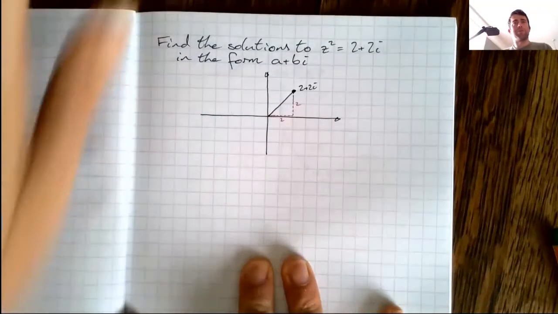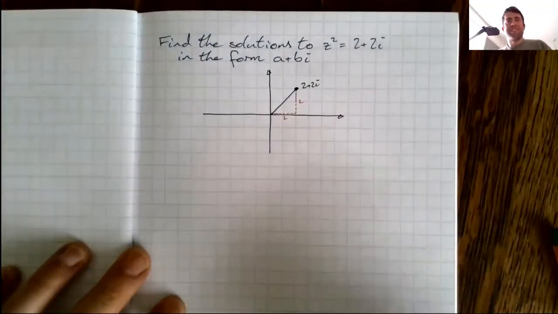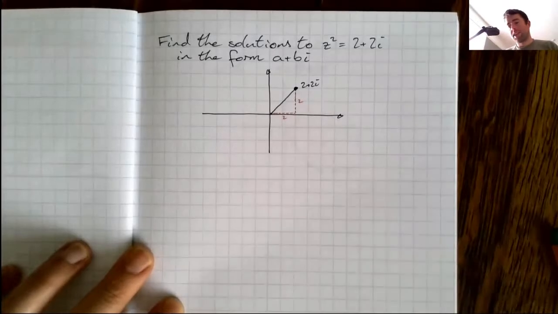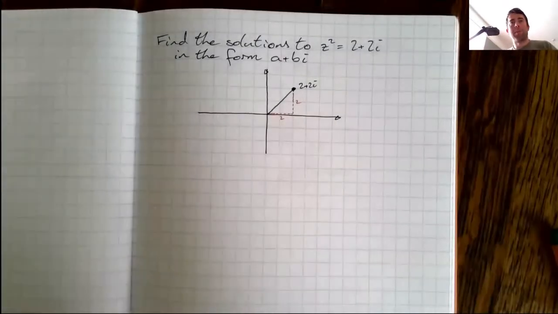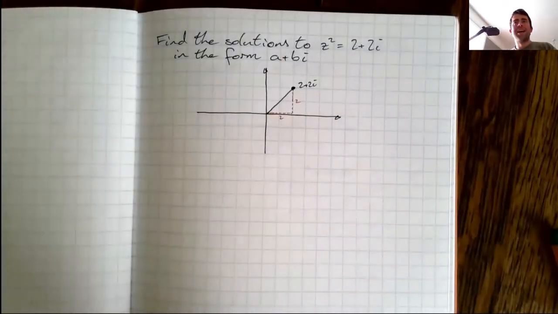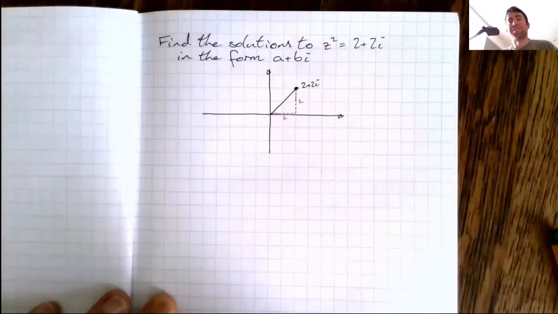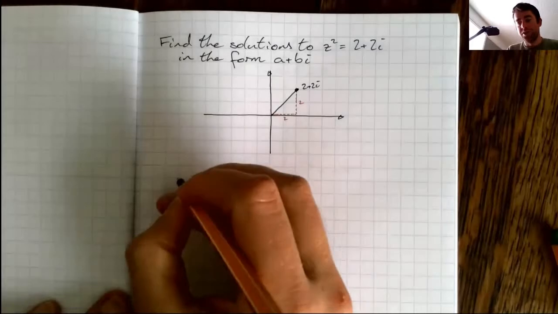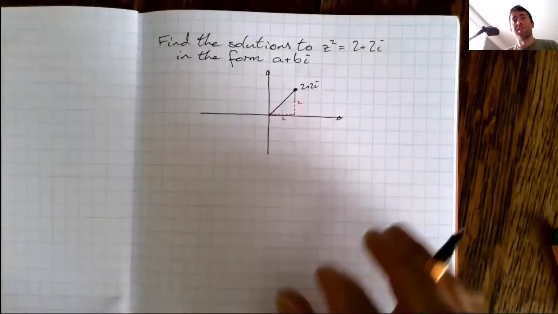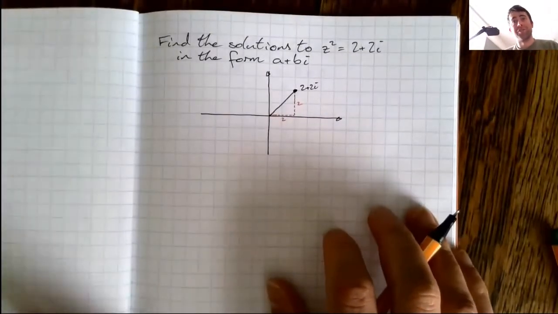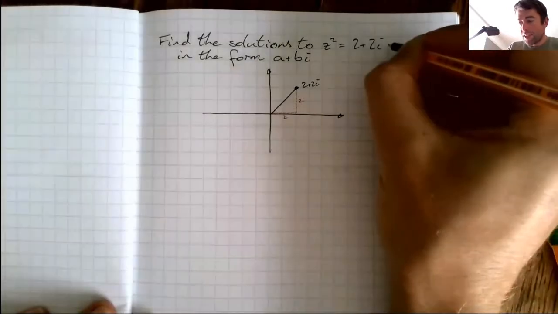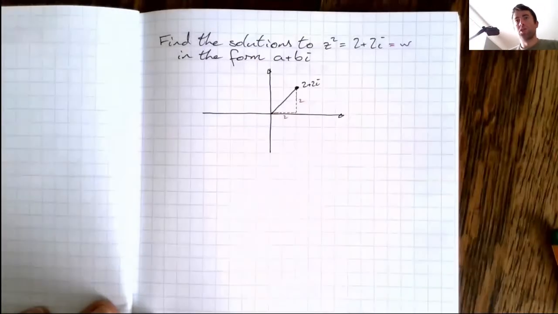Here we go. This is what we're doing. Find the solutions to z squared equals 2 plus 2i in the form a plus bi. I've already started this. I've done a sketch of the complex number that's given. That is useful when finding the modulus and argument of it, which is what we need to do first. So let's call this thing w.